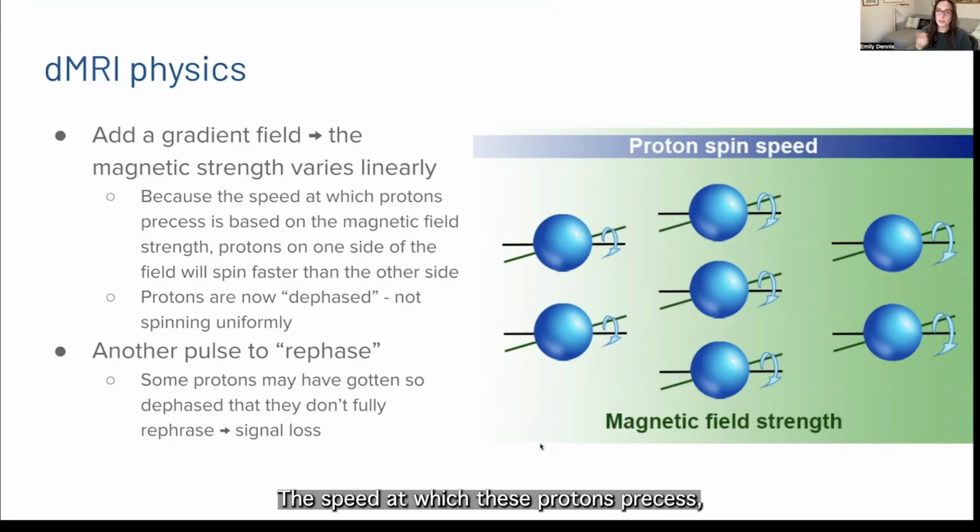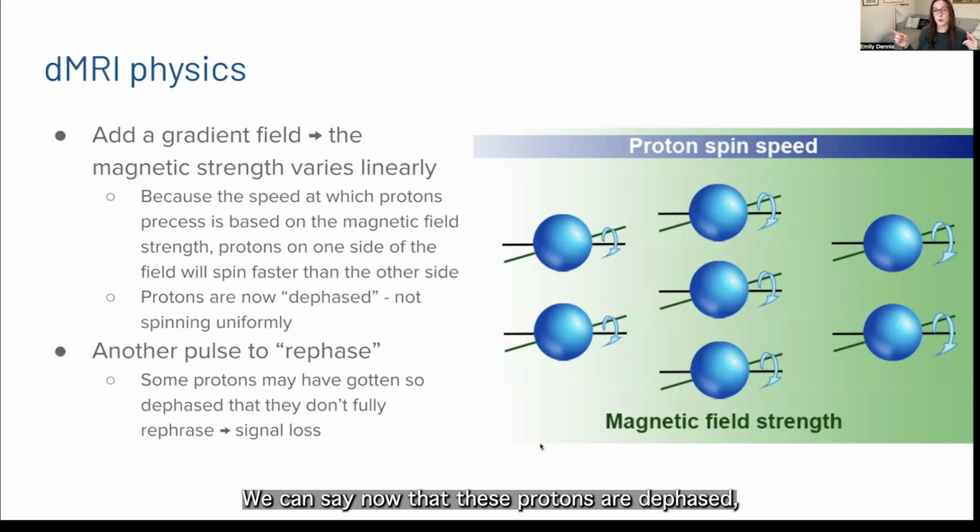The speed at which these protons precess, or spin about their axis, is based on the magnetic field strength. So when you have a stronger magnetic field, they're going to spin faster. If you have this varying magnetic field strength across the brain, you're going to have different spin speeds.